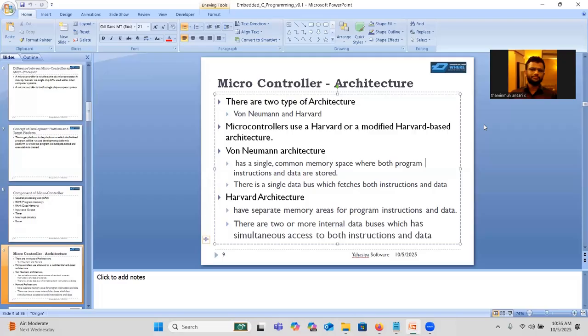This helps the microcontroller to run fast, and some microcontrollers have a pipelining capability. That means when you are fetching an instruction, you can run other instructions in parallel at the same time.